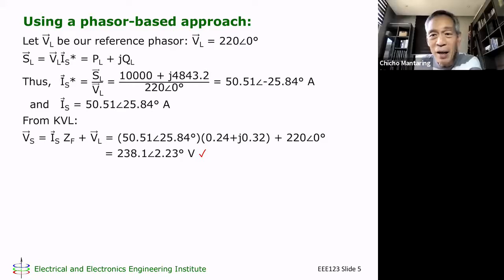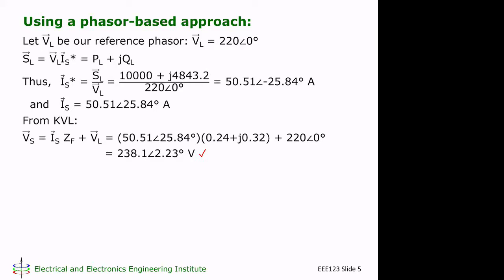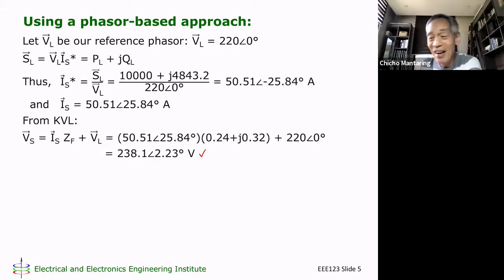No, I'm talking about RMS value. I think what you computed was the peak, the amplitude. Actually, it's already here. This is already the RMS value of your source voltage, 238.1. Remember that in the phasor domain, our magnitudes are actually already the RMS value.